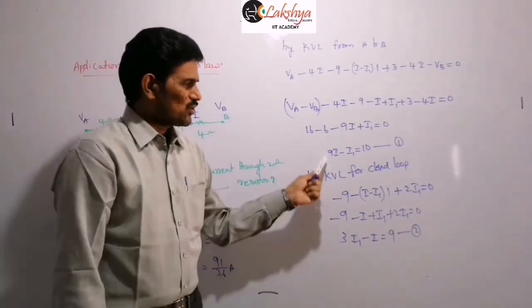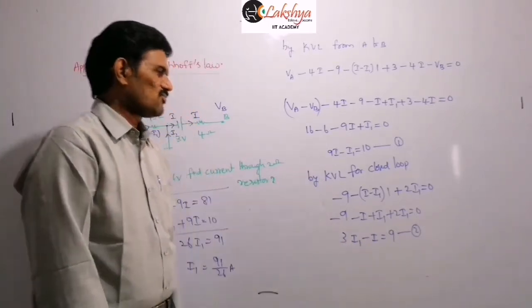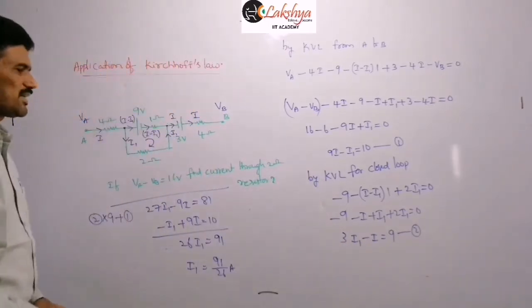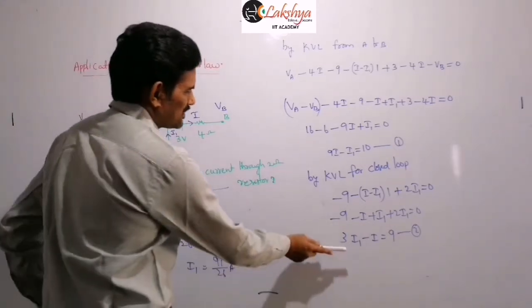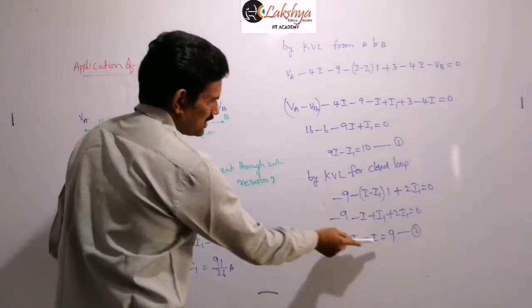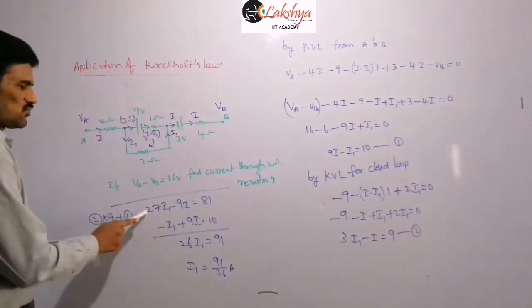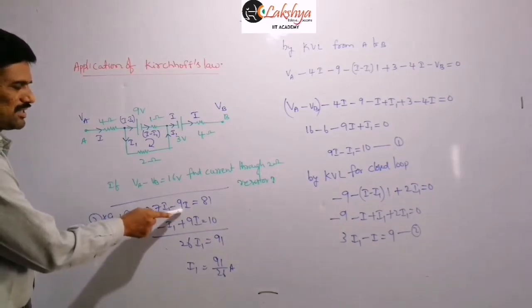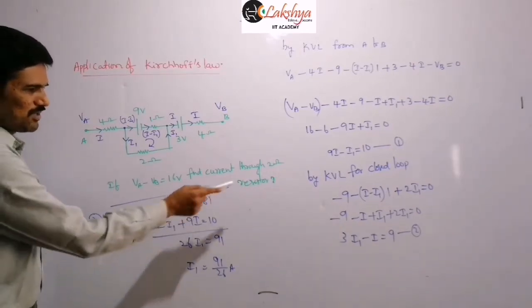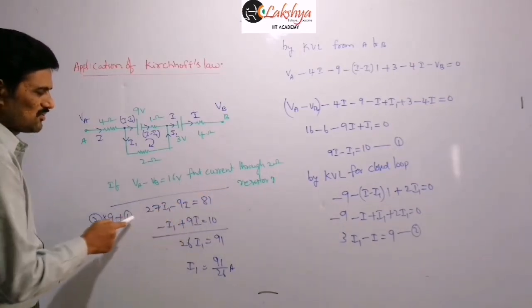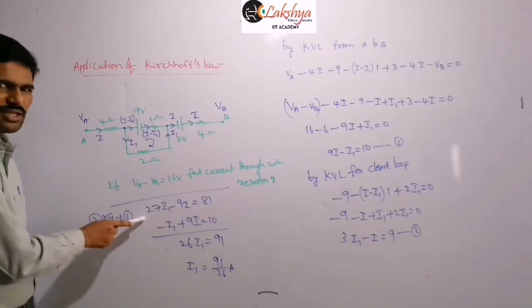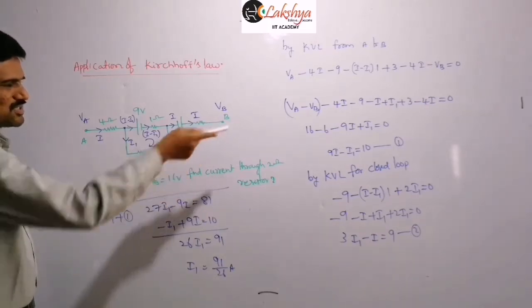Now we need to solve these two equations, and we need to find this I1 value here. To find that I1 value, I am multiplying this equation with 9, so that 9I and 9I you can cancel there. So 27I1 minus 9I is equal to 81. We are multiplying the second equation with 9, plus this first equation we are adding here.